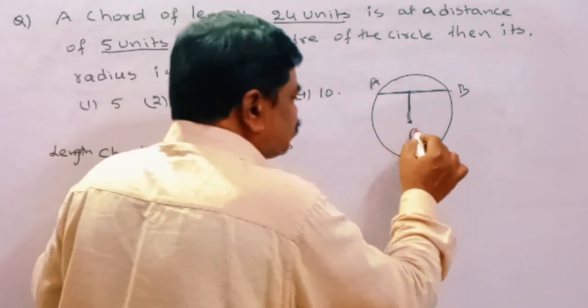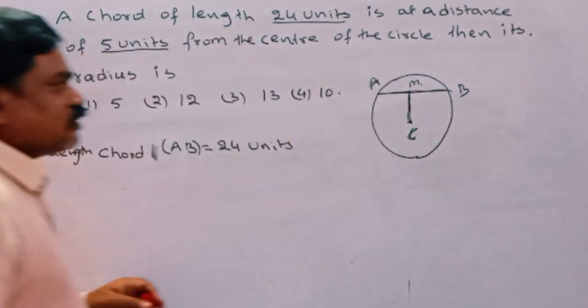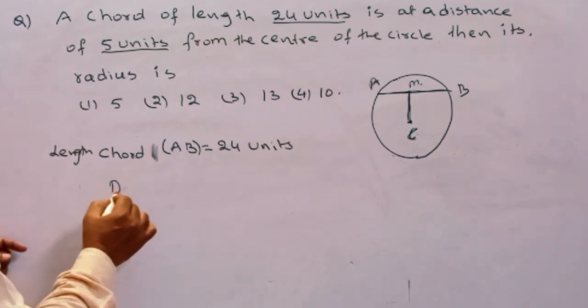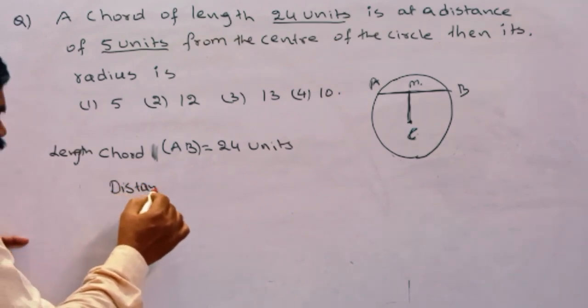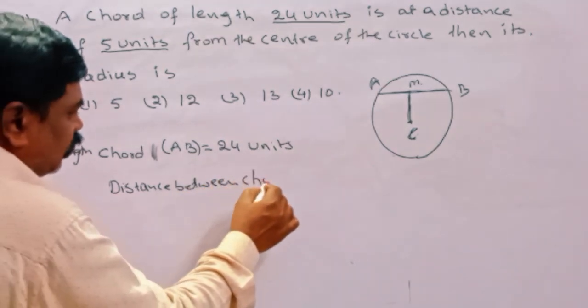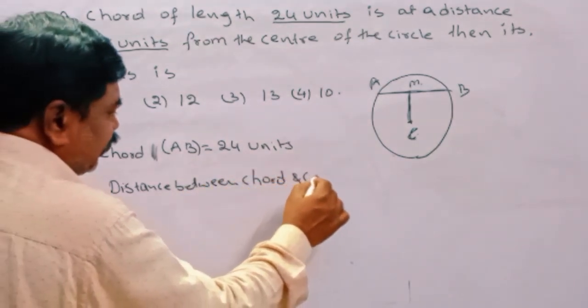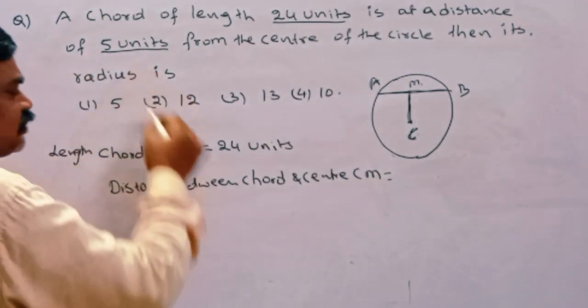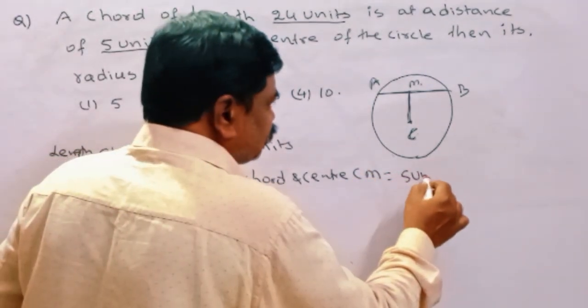Let this be CM. So CM, the distance between chord and center, is given as 5 units.